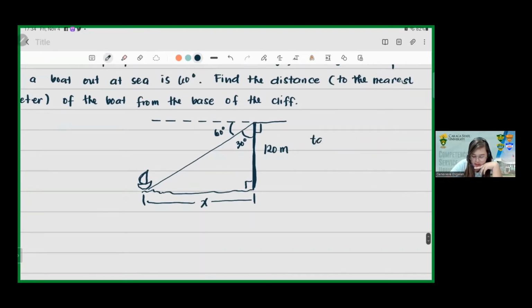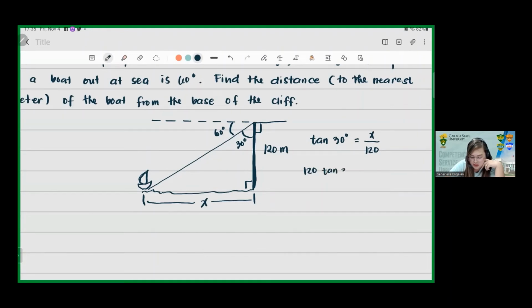So, tangent ni 30 degrees is equal to opposite over adjacent. Kinsa may opposite ni 30? X. Ang iyang adjacent? 120. So, you have 120, multiply both sides by 120.